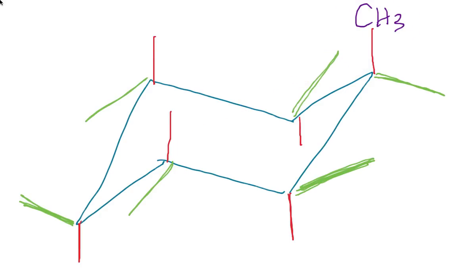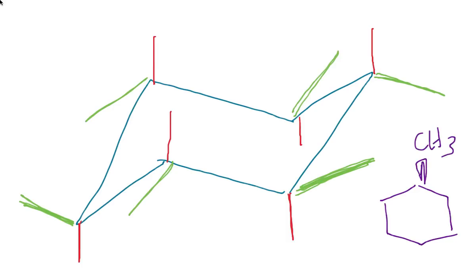Now, if you think about this, again, alternating around the ring, and keep in mind this is the 3-dimensional picture, we often draw this flat. We just draw it as a flat hexagon, and we indicate groups, like if there's a CH3 group up. Let's say there's another CH3 group up on the adjacent carbon.